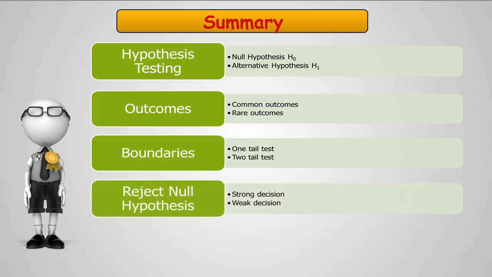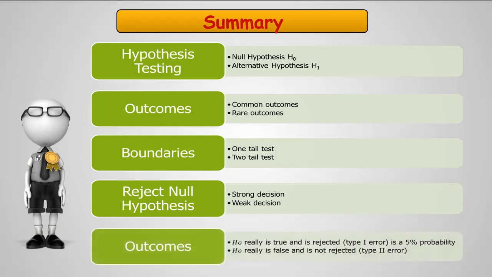When we reject the null hypothesis, we have strong decisions and we have weak decisions. And finally, when it comes to outcomes, the idea that the null hypothesis really is true and is rejected is a type 1 error, and that the null hypothesis is false and it is not rejected would be a type 2 error.